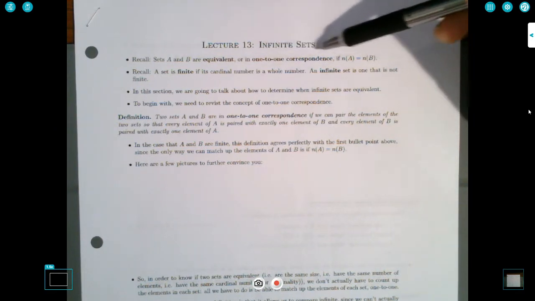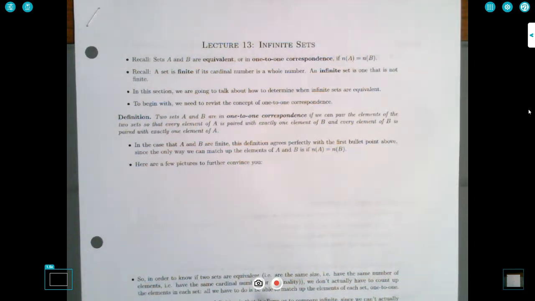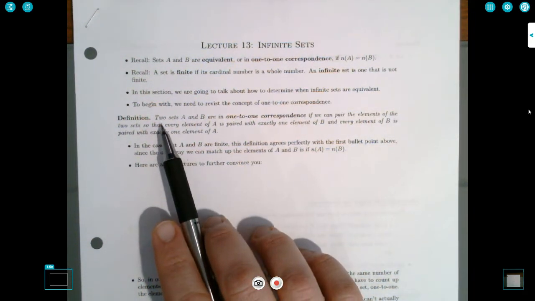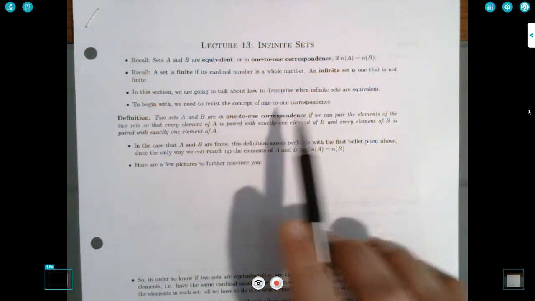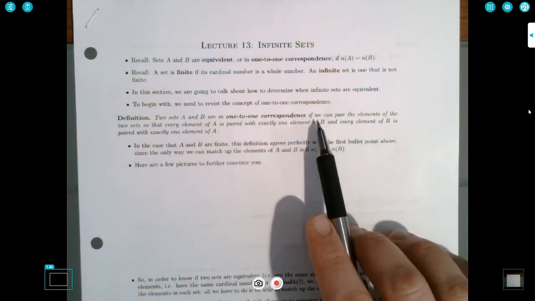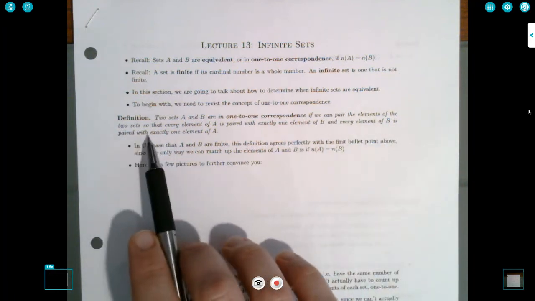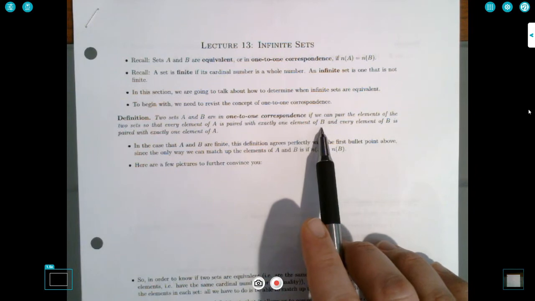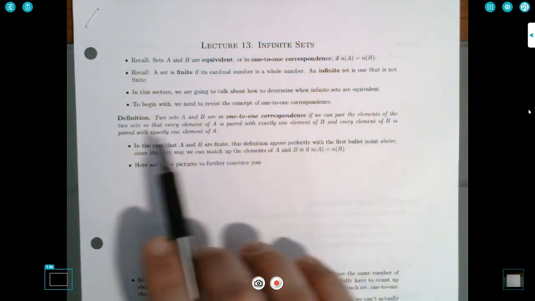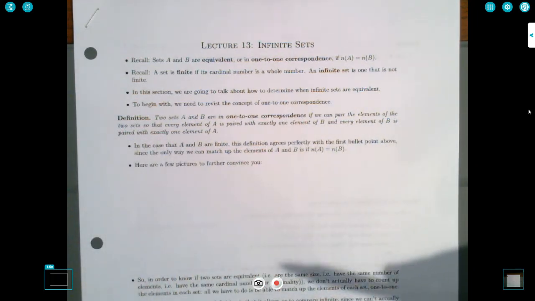So we're going to revisit this concept of one-to-one correspondence, and here's how we're going to define it now. So we'll say two sets A and B are in one-to-one correspondence if we can pair the elements of the two sets so that every element of A is paired with exactly one element of B, and every element of B is paired with exactly one element of A. Okay, so if we can match them up one-to-one, then we'll say that they're in a one-to-one correspondence.